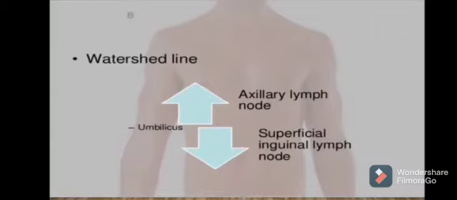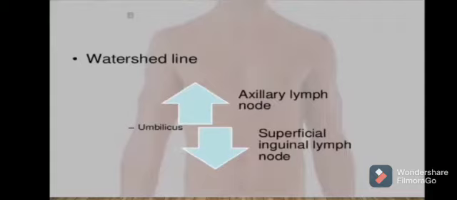It's very simple: we call the level a watershed line if all the lymphatics above that level flow upward, and the lymphatics below flow downward. Above we have axillary lymph nodes to which the lymphatics may flow, and below we have superficial inguinal lymph nodes.